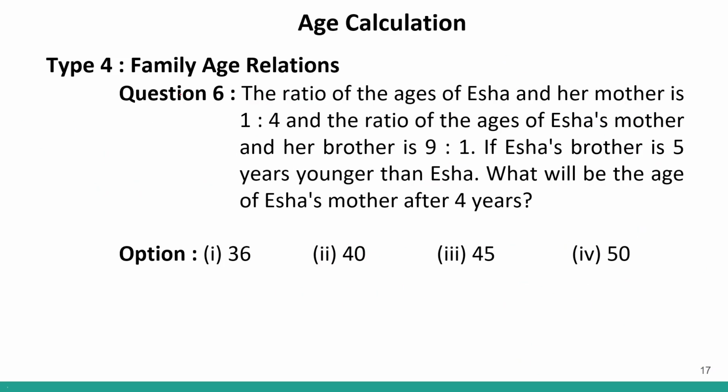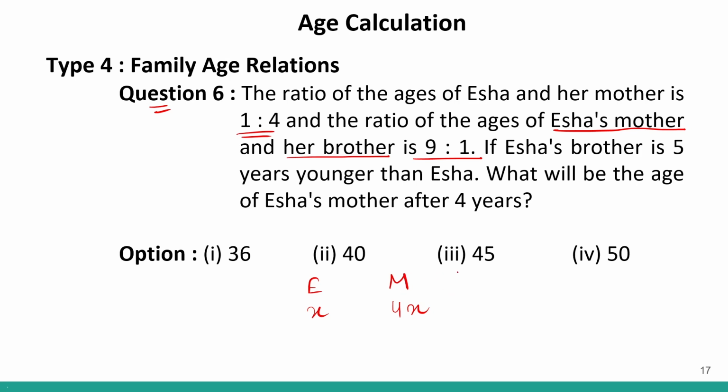Now, question number 6. The ratio of the ages of Isha and her mother is 1:4. So if Isha is x, mother will be 4x. Correct? The ratio is given to us 1:4. And the ratio of ages of Isha's mother and her brother is 9:1.